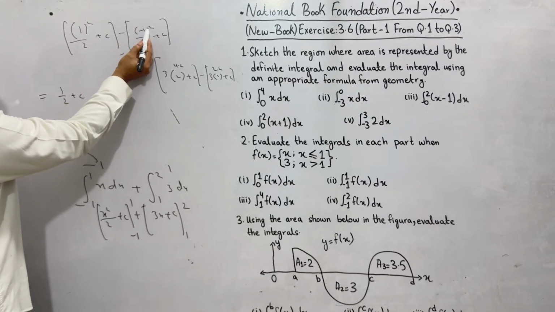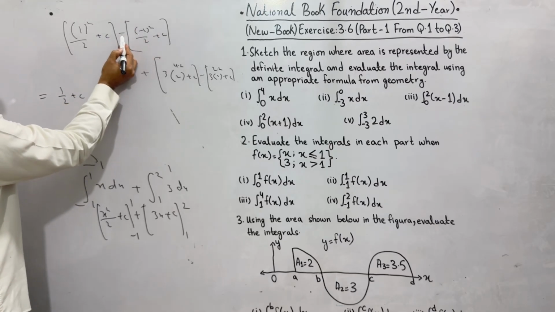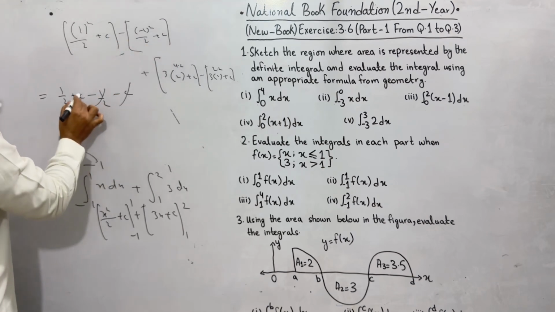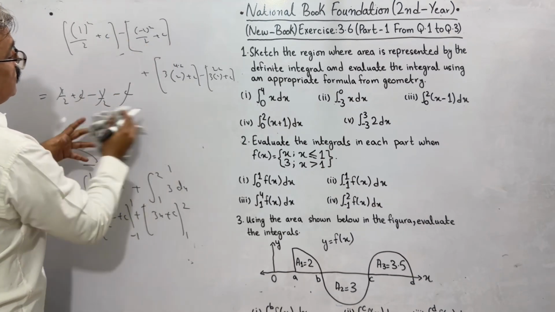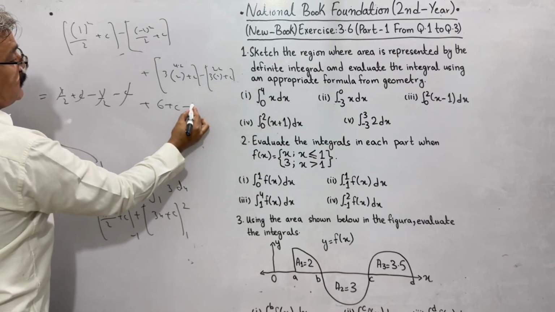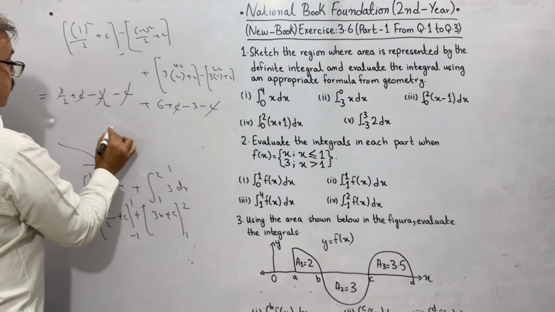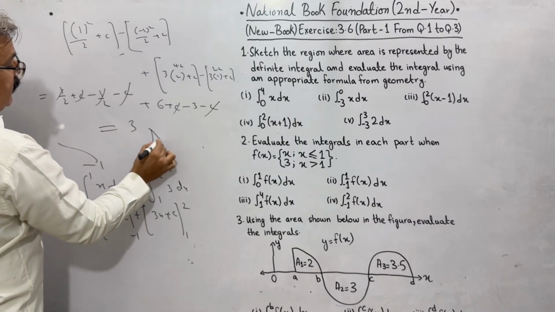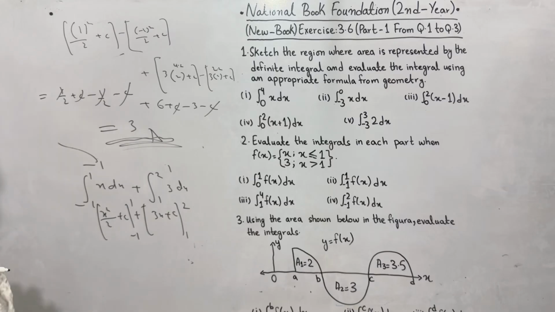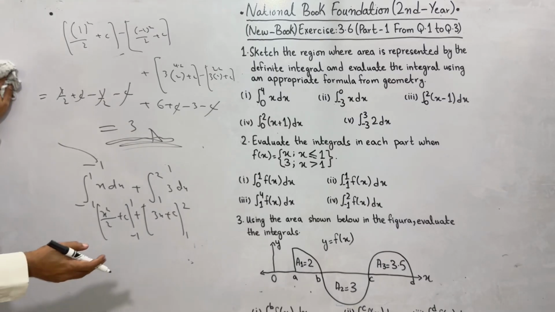Owing to the even power it will become plus, and owing to this minus it will become minus. Both cancel out in that case. What about this? Plus 3 times 2 plus c minus 3 minus c. C cancelled out, 6 minus 3. 3 is going to be our final answer in that case.